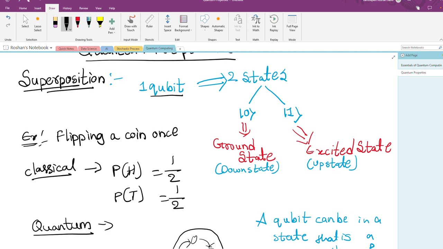Superposition means a qubit can be present in both the states simultaneously, whereas a classical bit cannot do that. Classical bit can be either 0 or 1, but a qubit can be in both the states simultaneously. Okay.